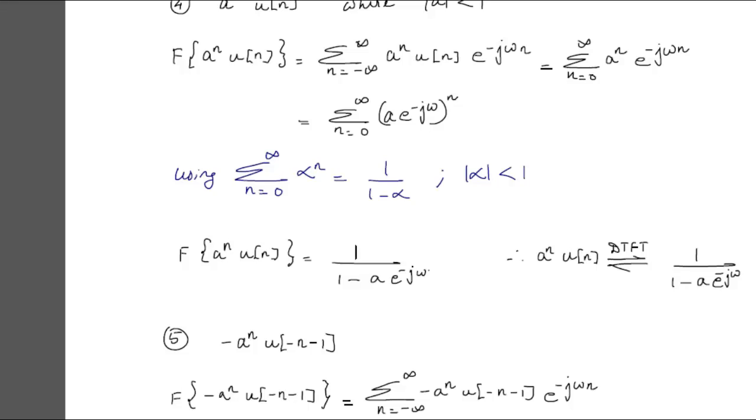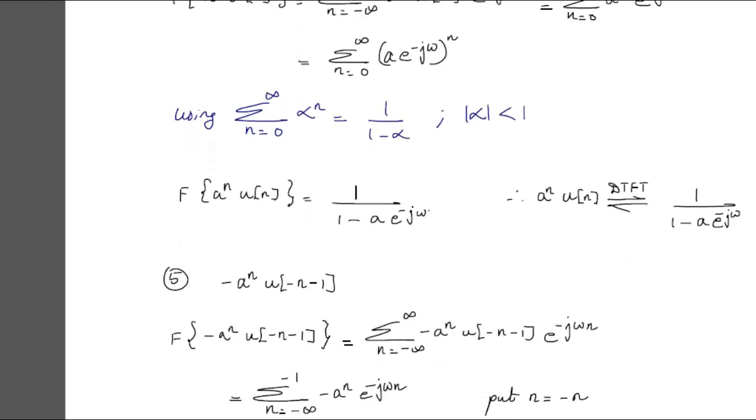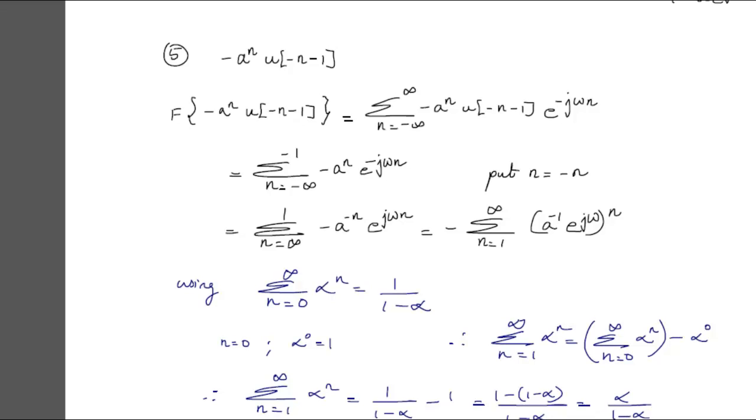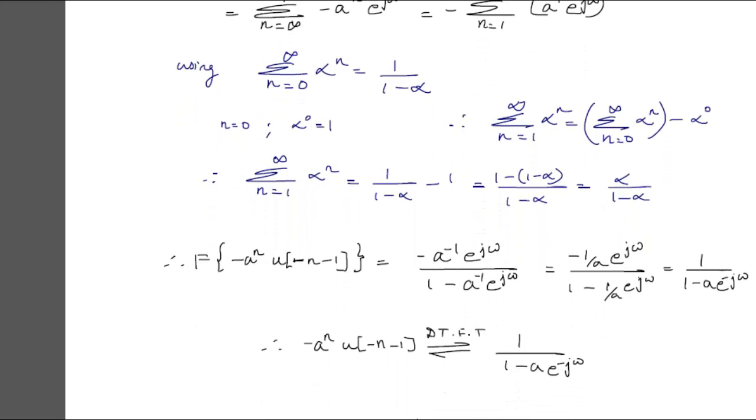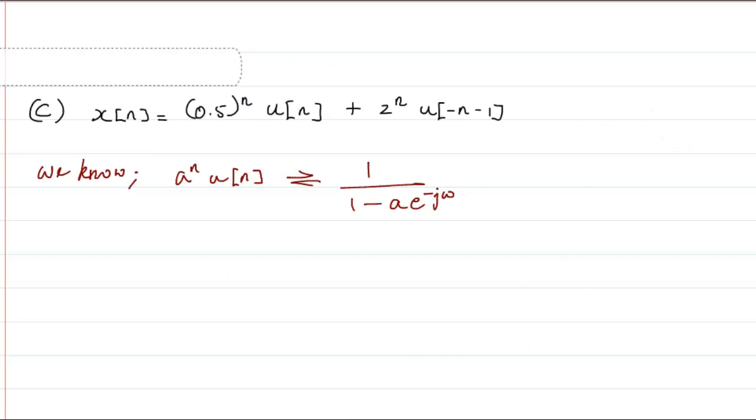If you remember, we had solved and found out that the DTFT is given by this equation. Similarly, for minus a raised to power n u of minus n minus 1, we had got the final answer to be again the same equation. So using these two we are going to solve.